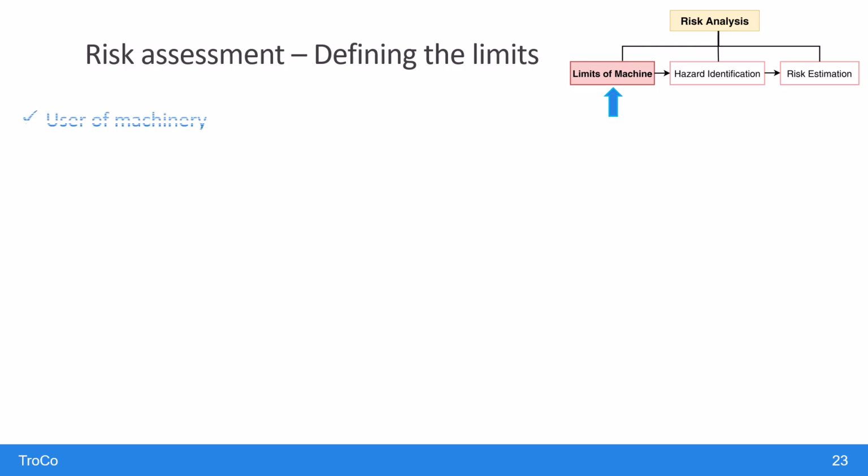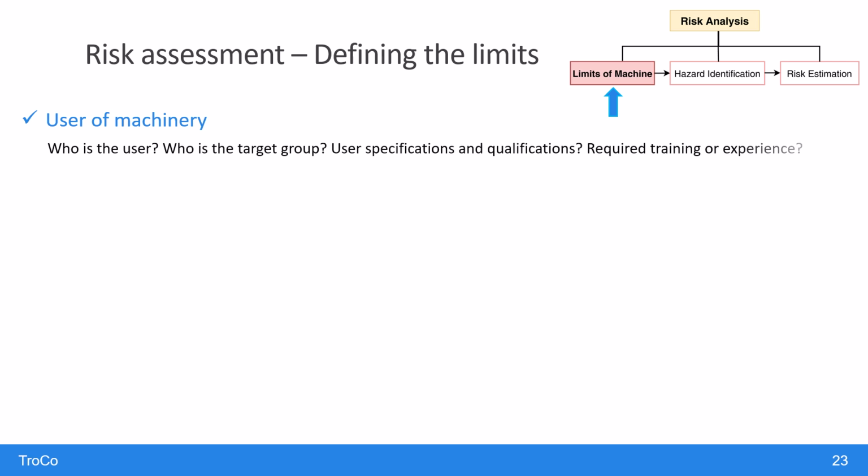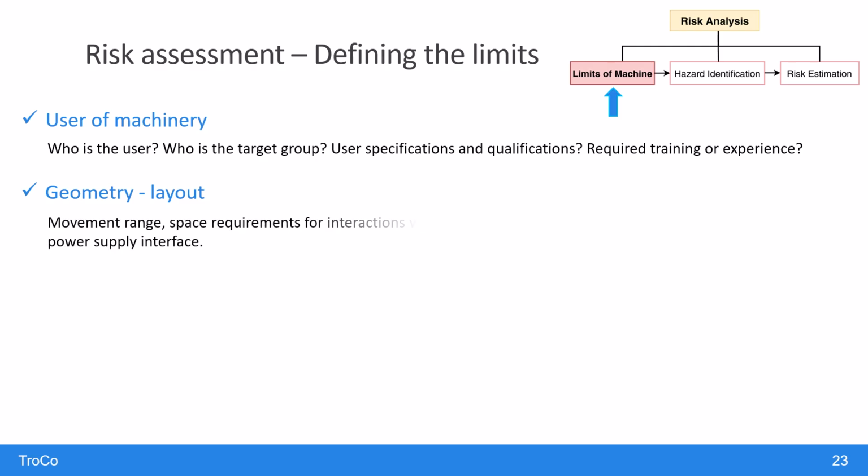Use limits cover the full range of machine operation and user interaction. This involves user specifications such as age and dominant hand usage, required training or experience level, and potential exposure of others to hazards. Space or geometry limits require evaluation based on the movement range, the space needed for individuals interacting with the machine during operation and maintenance, the human-machine interface, and the machine power supply interface.